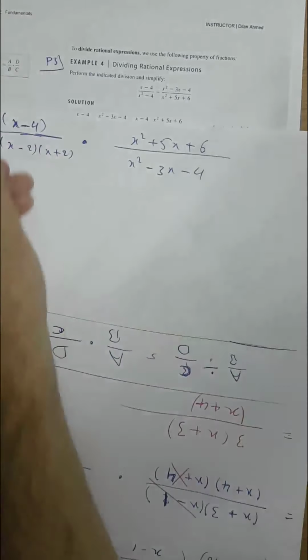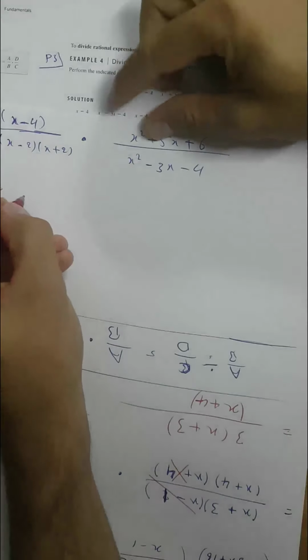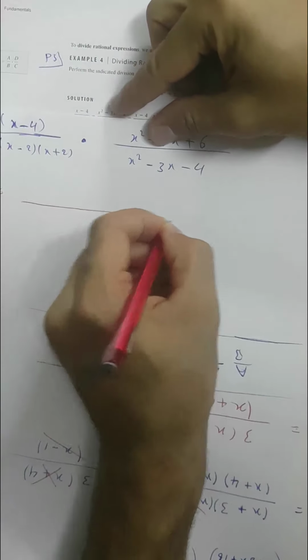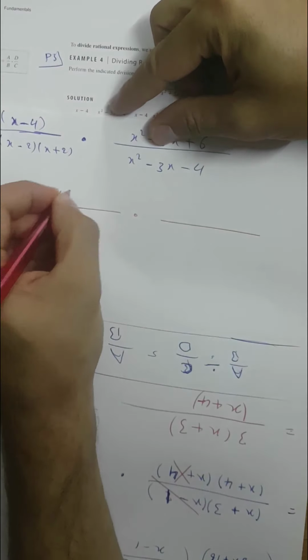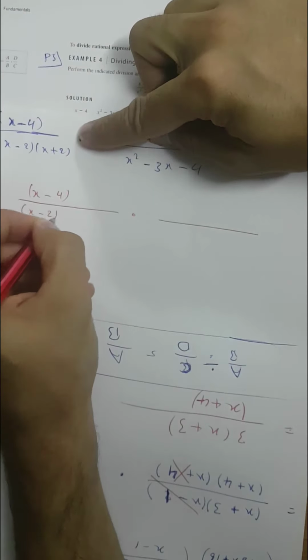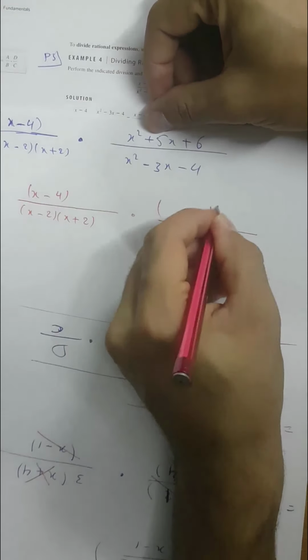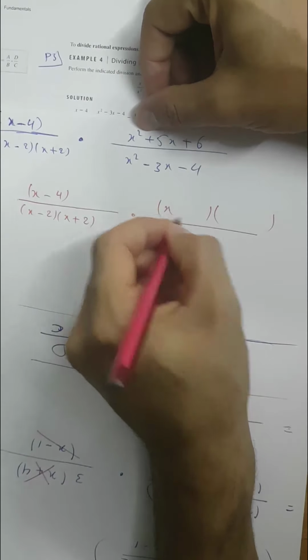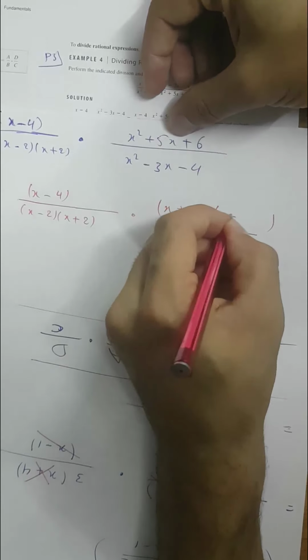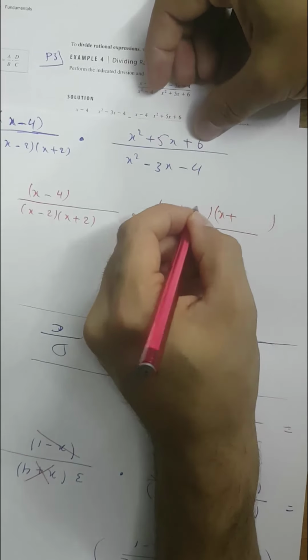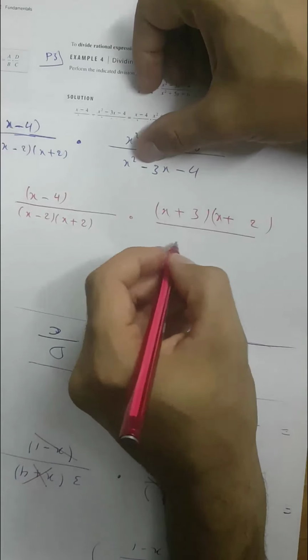Now it's time to simplify both fractions. We already did the first fraction. Now it's time for this one. Now I will change it to x times x. So I have x, addition 5, 3 by 2. Now how about this one?